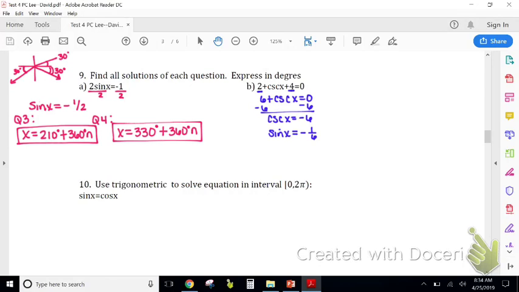But first, what quadrants are we in? Yeah, we're still going to be in quadrant 3 and quadrant 4. All right, so remember to find your x value, I'm going to come up here. So to find the x, remember you're going to take the inverse sine of negative 1/6.